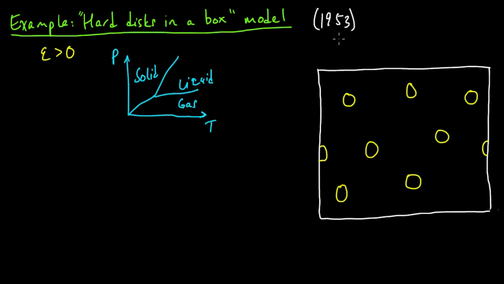So they did apply Markov chain Monte Carlo to simulating this model. What they were particularly interested in doing in that paper was this: in chemistry, one of the things you probably learn is the ideal gas law, PV equals nRT.